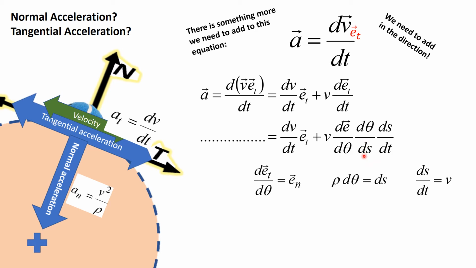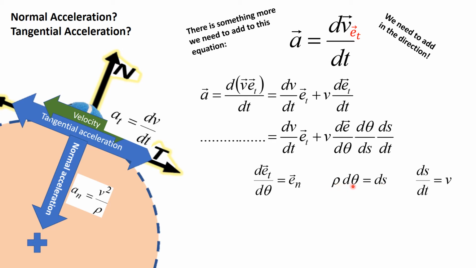This is the arc length. Okay, and if you rearrange this, it ends up being rho or radius. I should have called it an R for radius. So radius is ds/dtheta. This is like 2 pi r is the circumference of a circle.